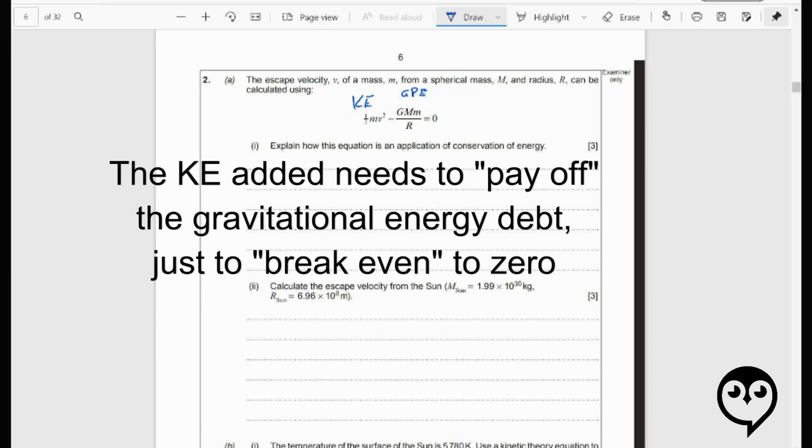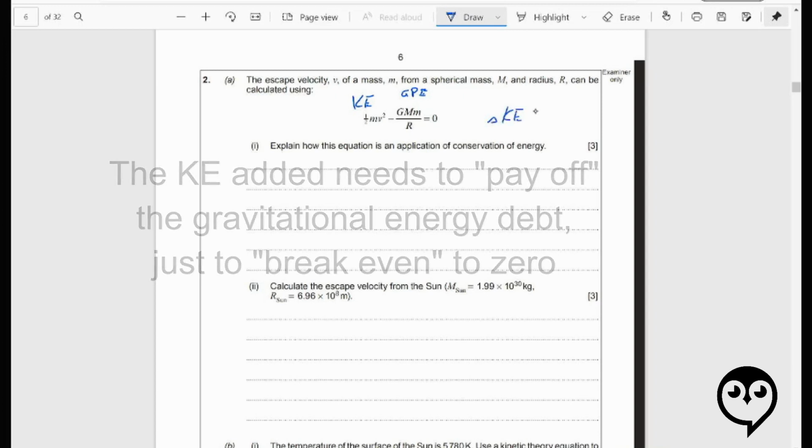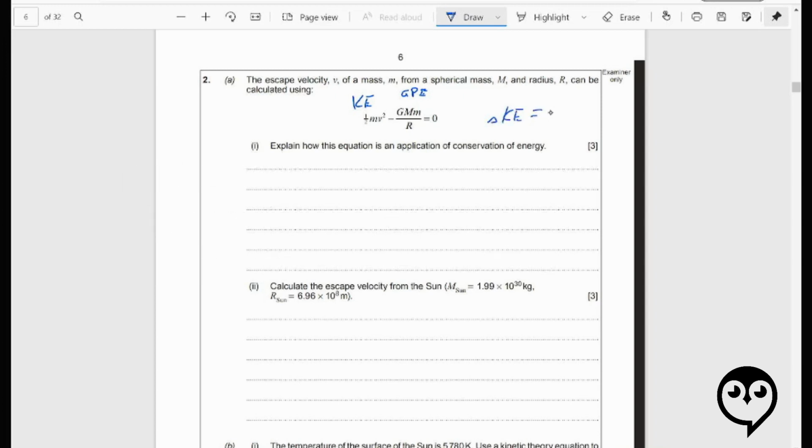Now, if the total equals 0, when you rearrange this, what you're saying is that, hey, whatever change in kinetic energy there is, say a gain in kinetic energy, and I'm going to explicitly put the negative here, it means it's a drop in gravitational potential energy. That's if something falls. We have a drop in potential energy and a gain in kinetic.